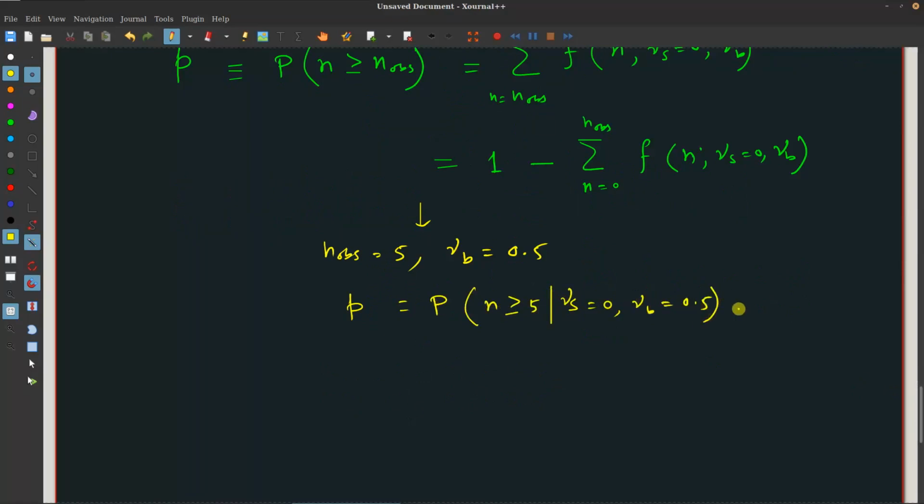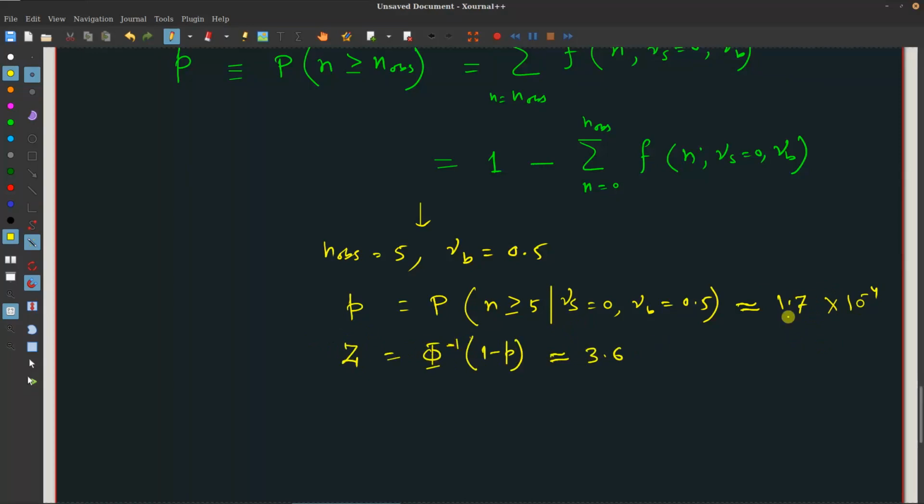Okay, so this is approximately, I have crunched the number, 1.7 times 10 to the power minus 4. That is the p value. And if you try to invert it to the significance, z is basically phi inverse of 1 minus p, that will come out to be 3.6.